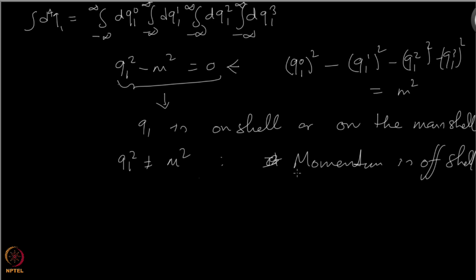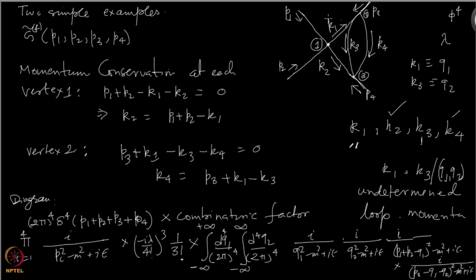That is just a name for saying whether this condition is satisfied or not. So, you see that the loop momenta, when you are integrating, take off shell values, and of course, some of the configurations of the loop momenta will also be on shell, but a majority of them, or the largest chunk of it, is basically off shell. So, that is I think what I wanted to say about this diagram.